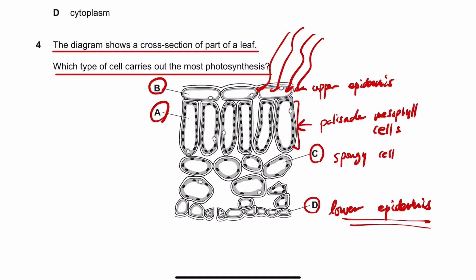So it receives almost no sunlight, and it's not really responsible for photosynthesis, and it's transparent as well, like the upper epidermis. And there are some guard cells, and these guys are responsible for making this whole pathway called stomata.